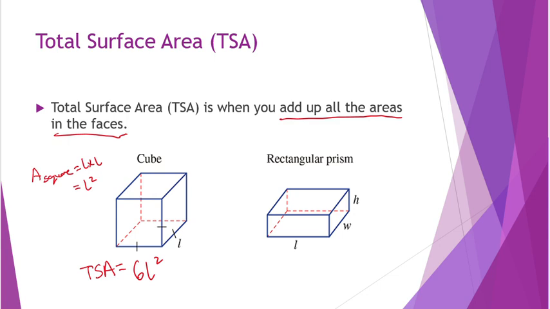Now for a rectangular prism, same thing. You're going to find the areas of all of these faces and then add them up. So you'll find the area of the front, which is length times width. You're going to find the side here, which is W times H. And you'll be finding the area of the back.